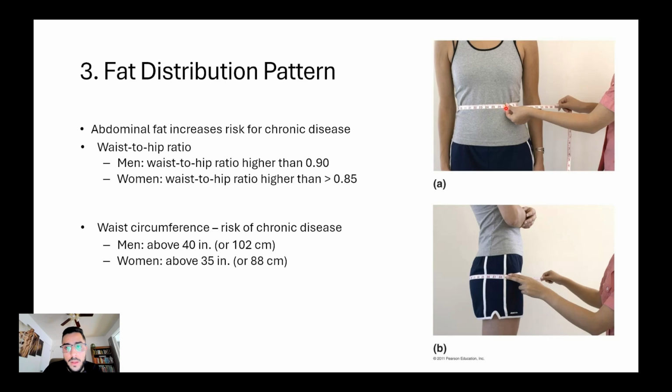So you will take the waist part of the body, measure it, and then measure the other part, which is the hip. You take the widest part of the hip, which is not here, but a little bit lower, and then you make a ratio of that. And if the ratio for men is higher than 0.9, that means that you have an increased risk for chronic disease.